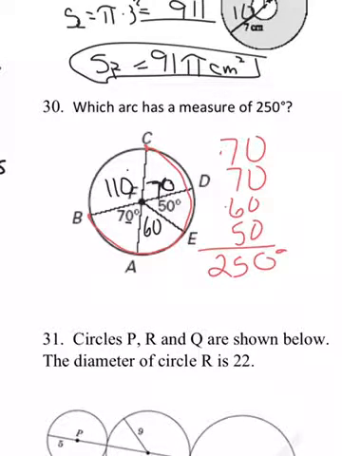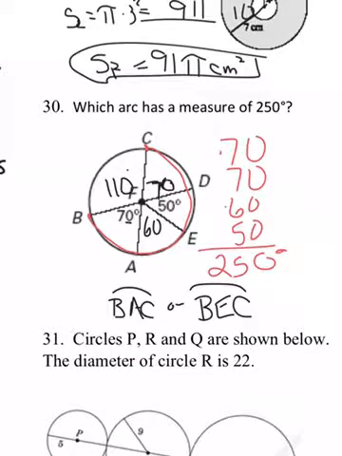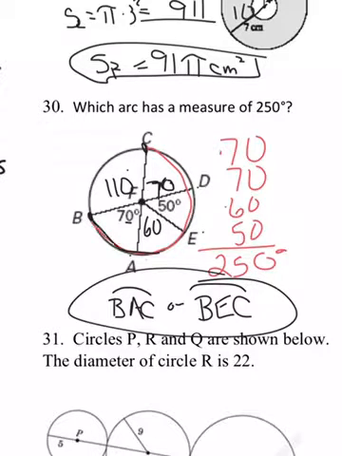So a few ways you could write it: BAC or BEC. Really, any three letters where B and C are the outside letters, and then one of these three is in the middle. Multiple choice, you have to choose, obviously, but any of those will work. But that part of the circle, that major arc.